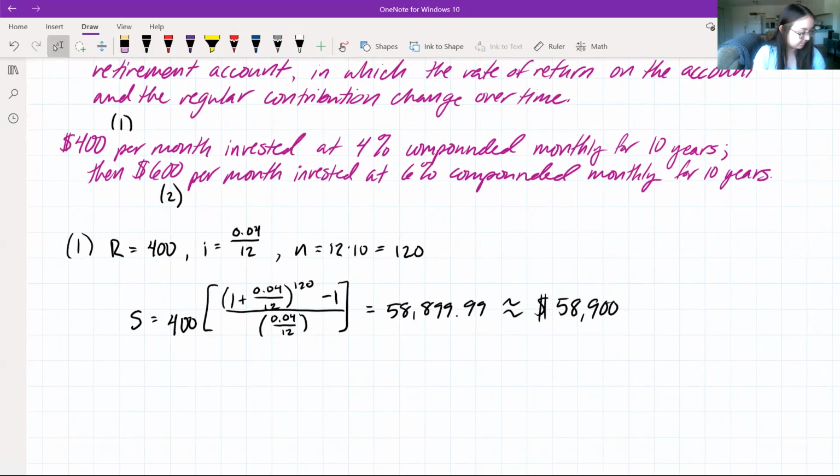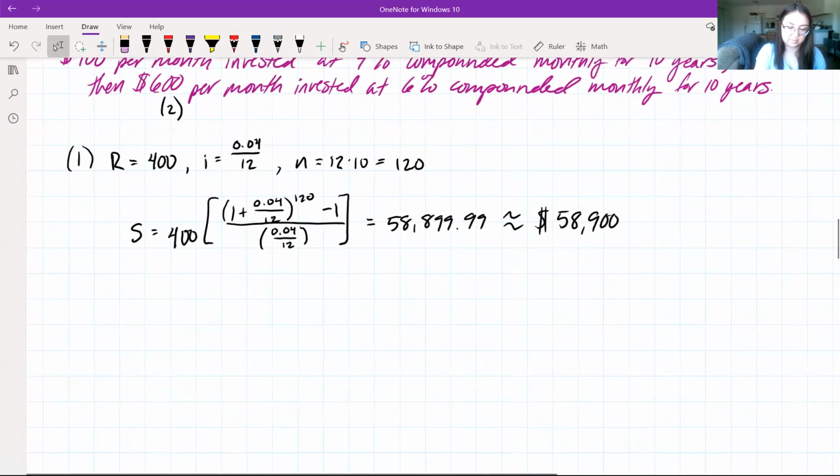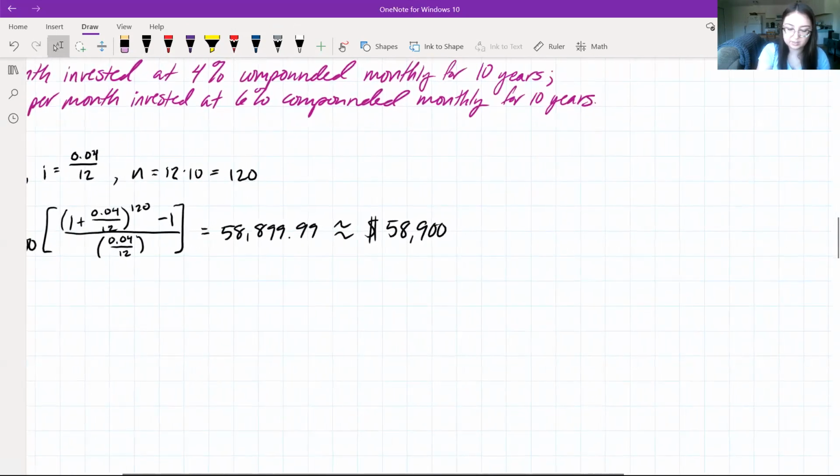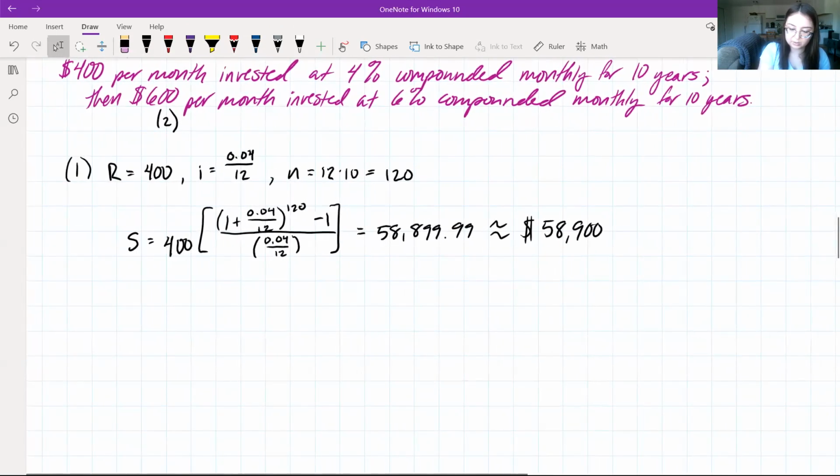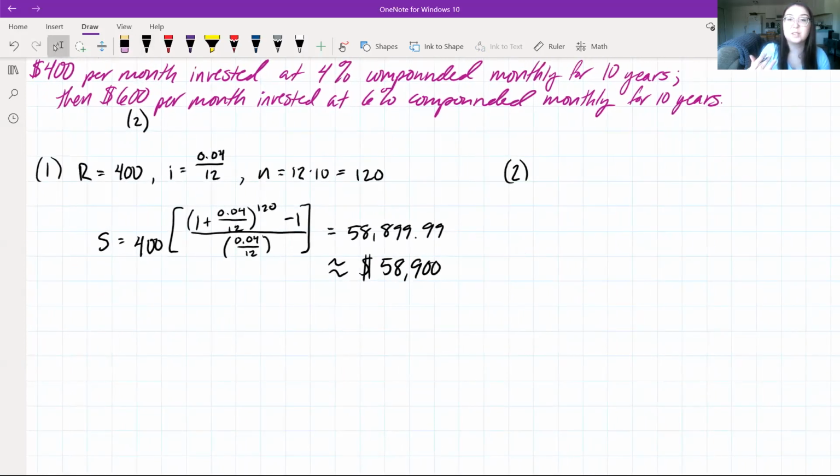Then we want to calculate our second. So let's scooch this down here, and let's put our second one right over here. So now I want to do the exact same thing.